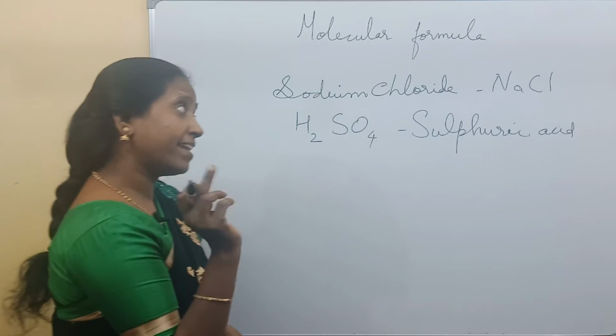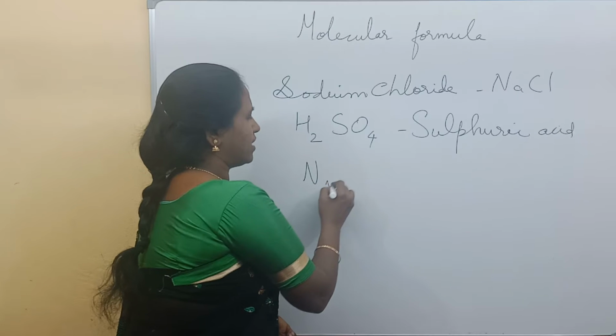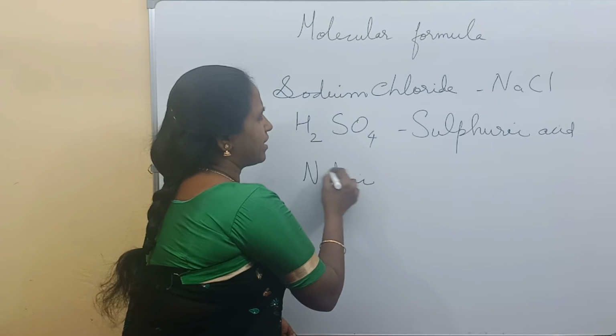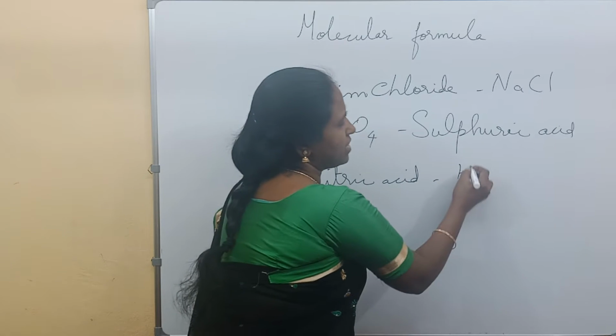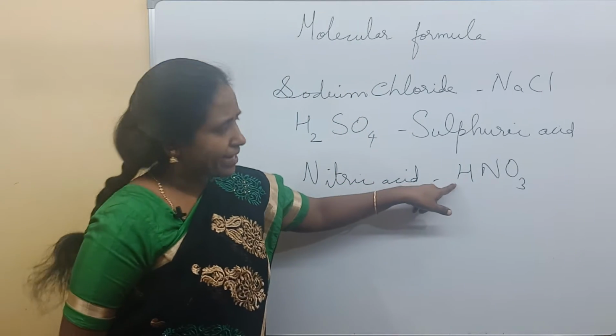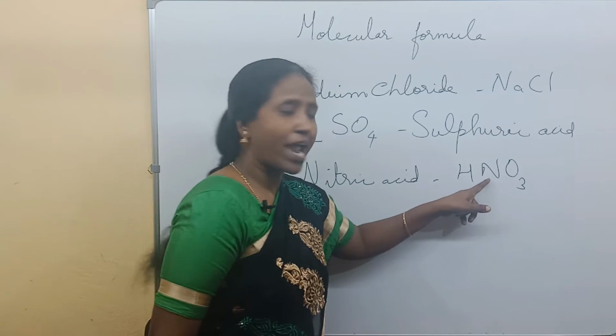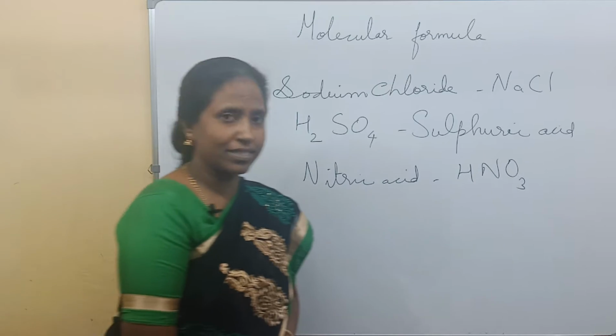Another acid which we generally use is nitric acid. The molecular formula of nitric acid is HNO3. That is 1 atom of hydrogen, 1 atom of nitrogen and 3 atoms of oxygen.